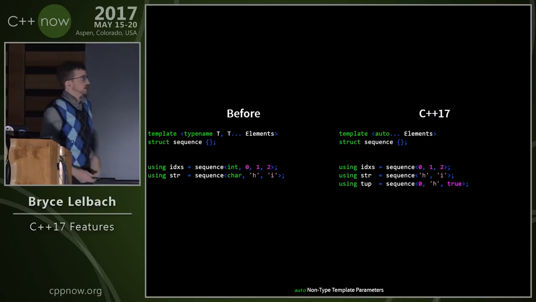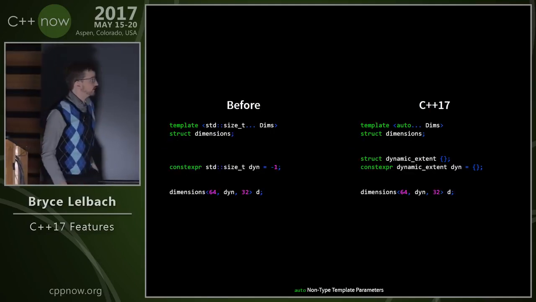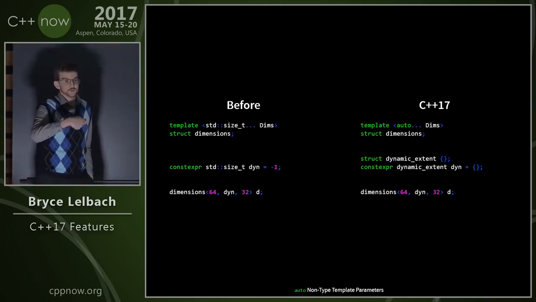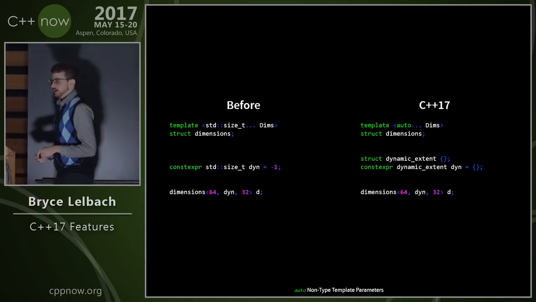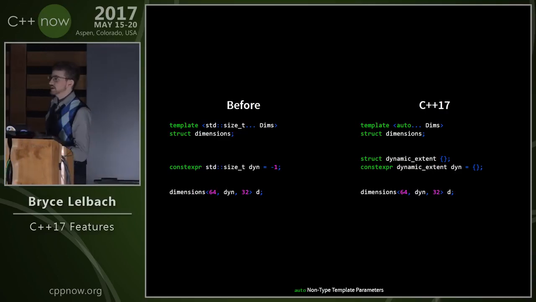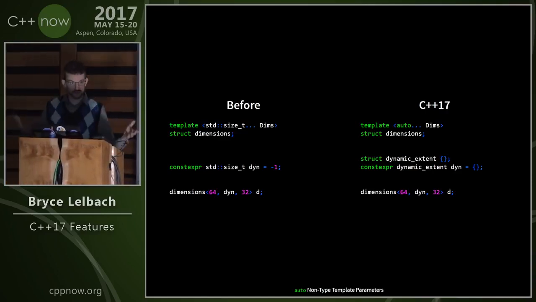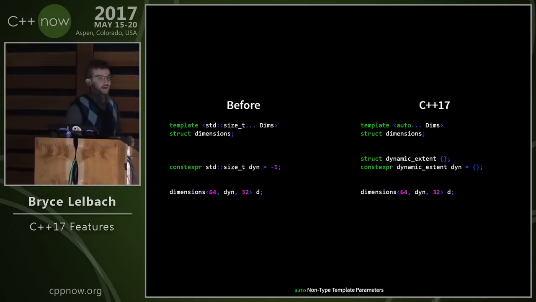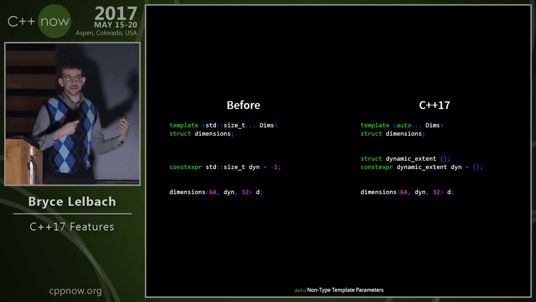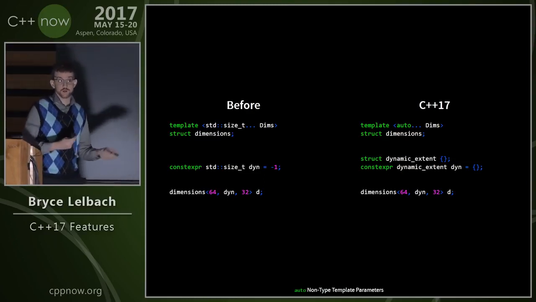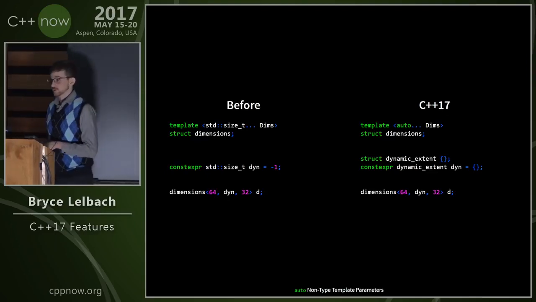Okay, all right. So actually, here's an example of where you'd use it with a non-built-in type. So a library that I work on has a representation of multiple dimensions for a multi-dimensional array, where we want to be able to express both dynamic dimensions, so dimensions that we won't know until runtime, and static dimensions that we know at compile time.